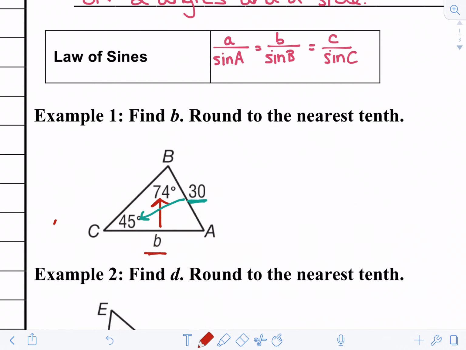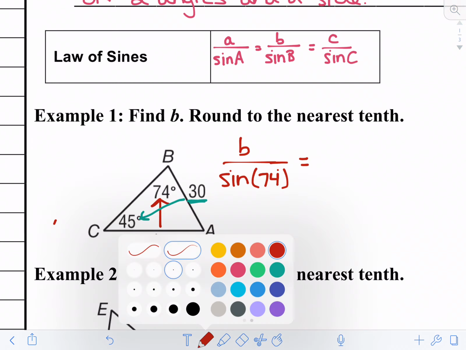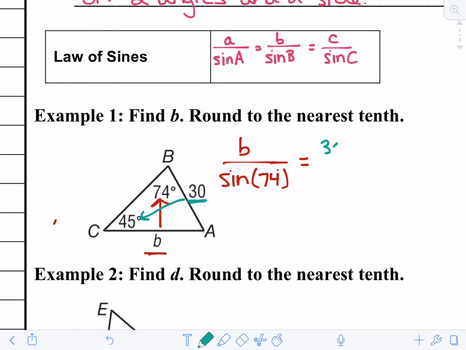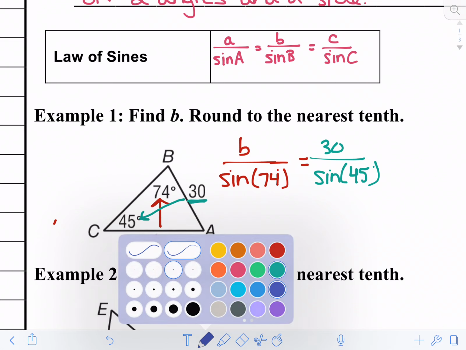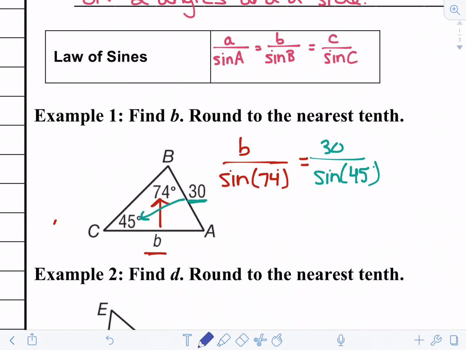You put your side on top, so B over sine of the angle opposite from it, 74 degrees, equal to 30 over sine of 45. To solve this, you just cross multiply. So you will have B times the sine of 45 is equal to 30 times the sine of 74.